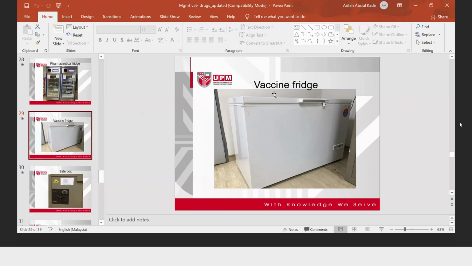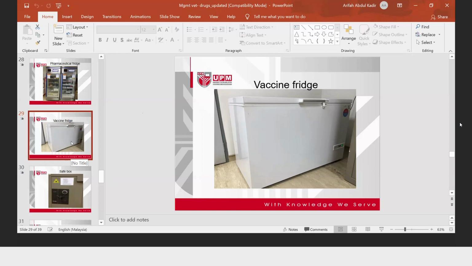Right, so vaccine fridge. This is a special fridge. It's very expensive. We have vaccines, many vaccines actually. We have horse vaccine, cat vaccine, dog vaccine, and all these vaccines are very, very expensive. Just say if there's a power failure, and you put it in this pharmaceutical fridge, we can lose these expensive vaccines once they are thawed and at room temperature, that's it.